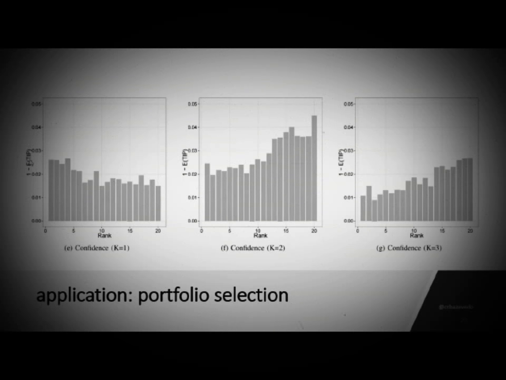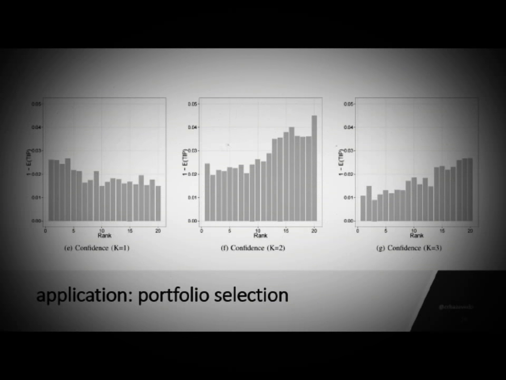So here I'm measuring the confidence, which is 1 minus lambda, 1 minus the entropy of the temporal incomparability probability that I'm measuring. This is the result that I get for the Dow Jones Index, where I'm trying to evolve portfolios.